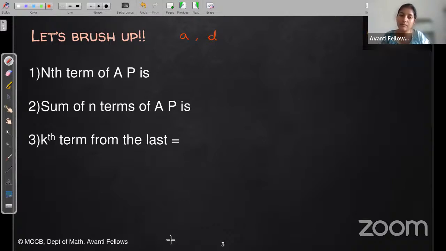Text me in the chat box. The nth term of AP will be Tn is equal to a plus n minus 1 into d.